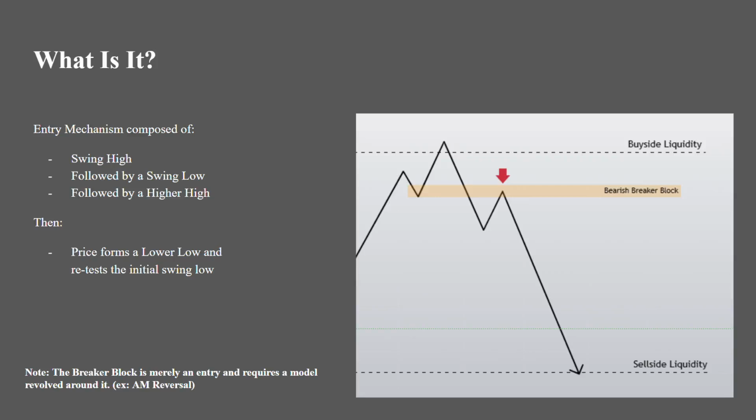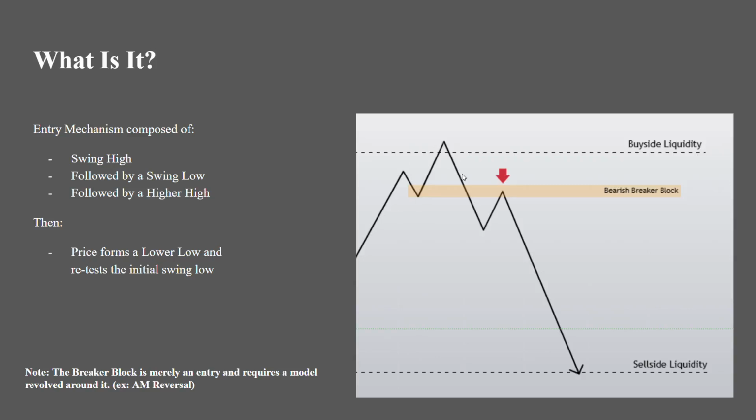The entry mechanism is composed of, number one, a swing high, followed by a swing low, followed by a higher high. Now let's not confuse it here. Swing high, swing low, higher high.